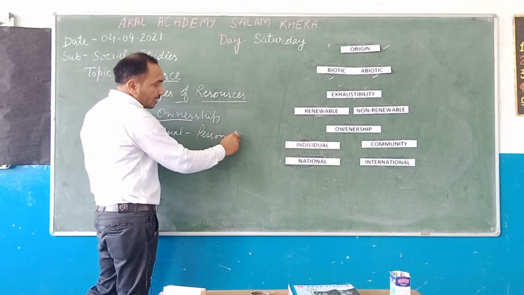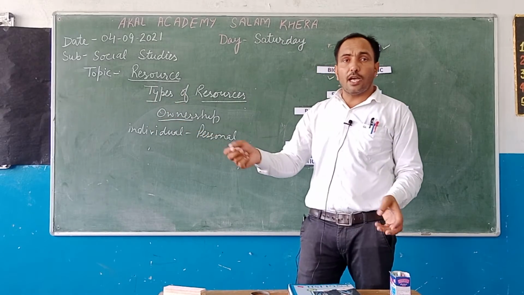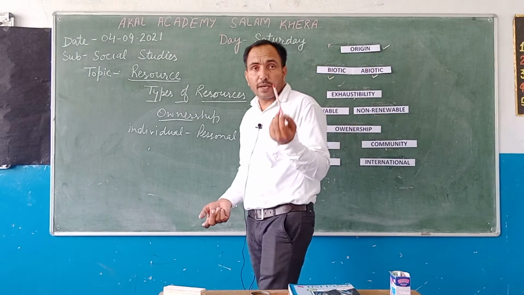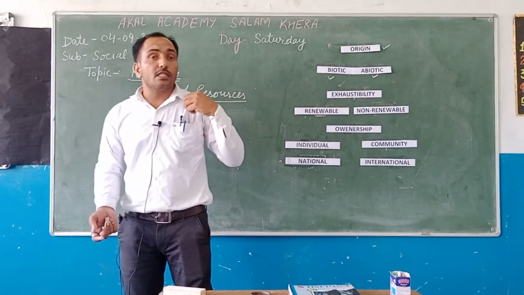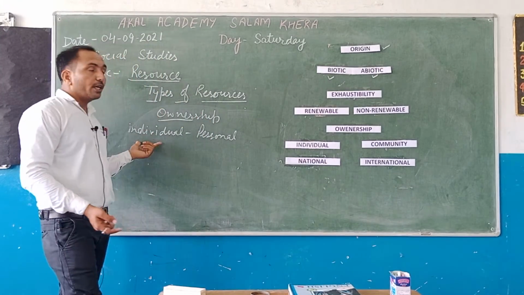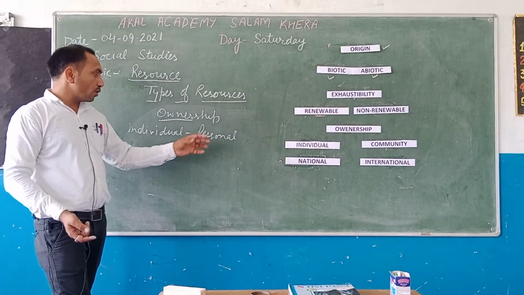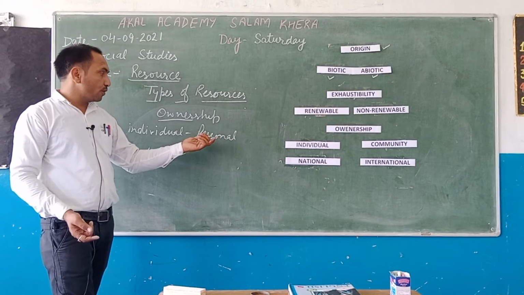Sometimes we say that this is my personal property. I have 1 acre of land. I have a car. I have this pen. These things are owned by us. Those are known as the individual resources of someone, also known as personal.